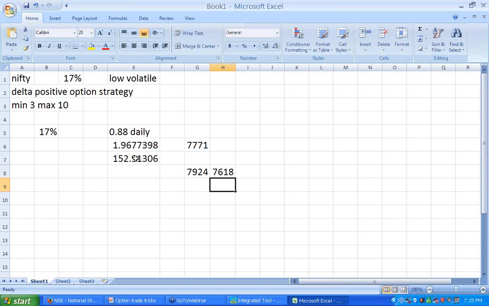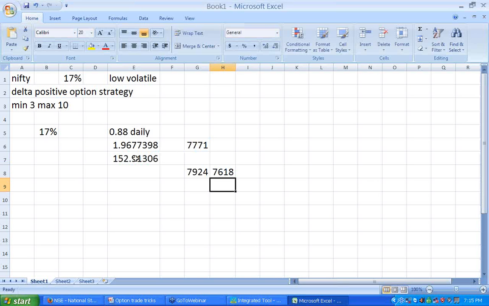Assume if I am selling the Nifty at 7771, I can gain 153 points if it falls. If I am buying Nifty at 7771 and my upward anticipation comes true, I can also win 153 points. So 153 points of oscillation is expected in the Nifty.